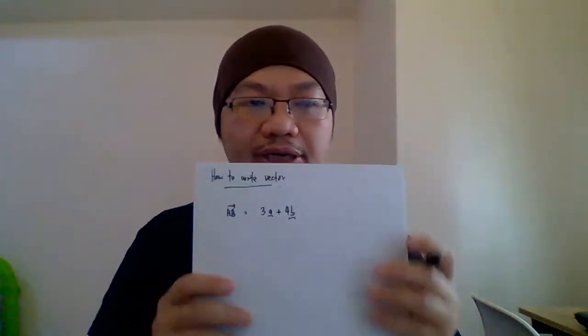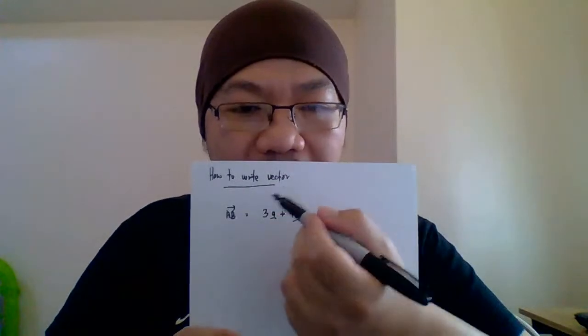Okay guys, let's say I use a simple example: vector AB equals 3a plus 4b. How do we write the vector?